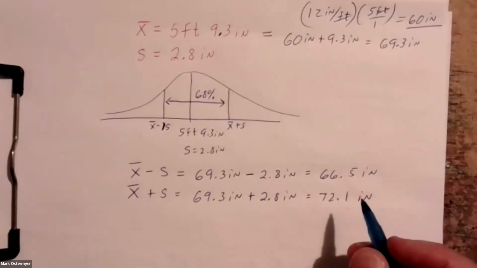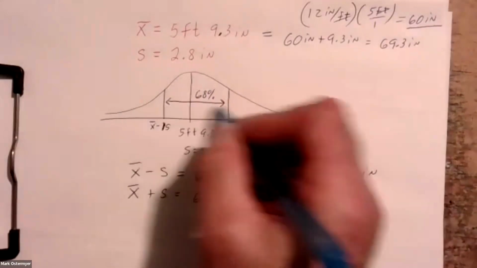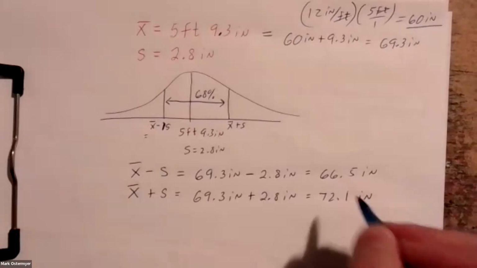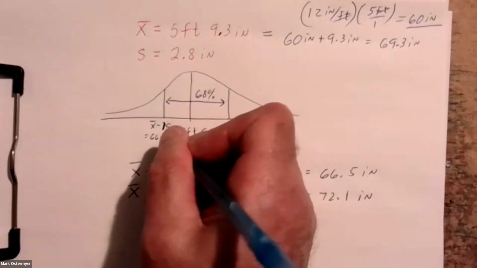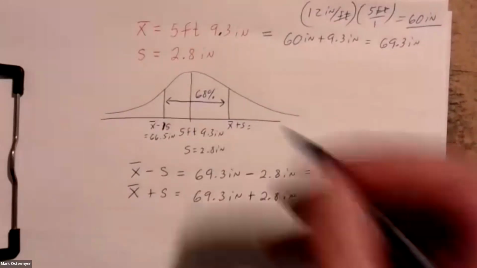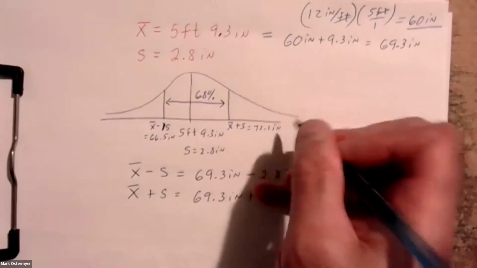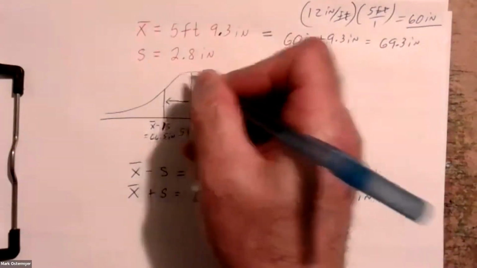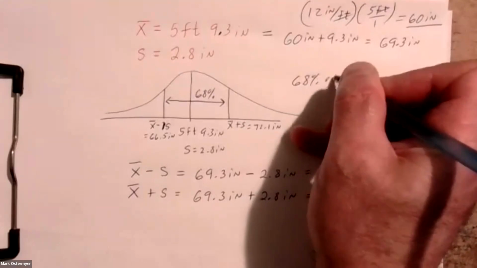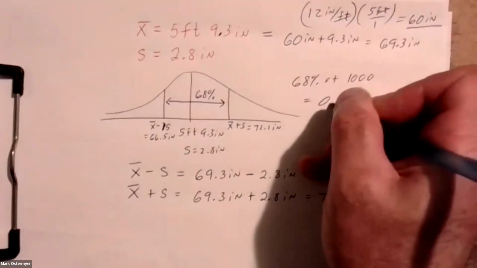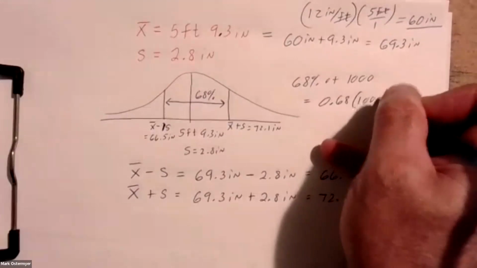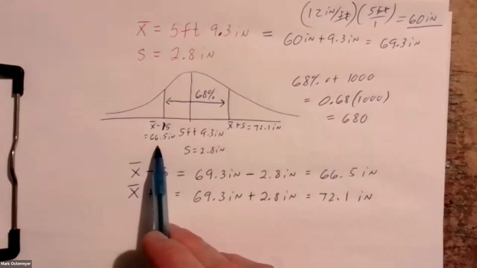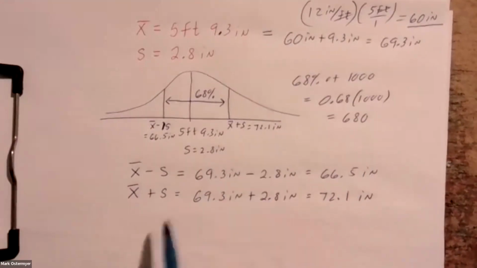So therefore, ladies and gentlemen, we would expect that 68% of all men's heights lie between 66.5 inches and 72.1 inches. And if we surveyed 1,000 men randomly, we would suspect that 68% of 1,000, which is found by taking 0.68 times 1,000, which is to say 680 of our 1,000 men, would have heights that lie between 66.5 inches and 72.1 inches.